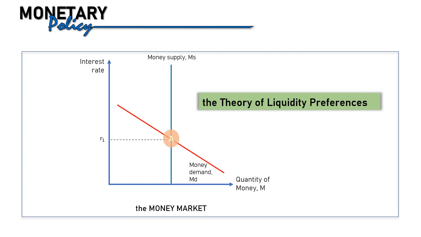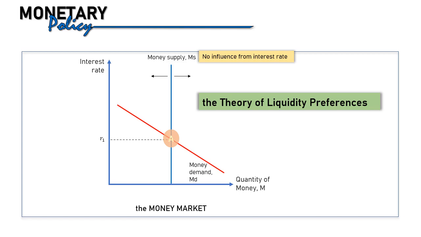With relatively stable expected inflation in the short run, nominal and real interest rate will move in tandem. The money supply curve is drawn as a vertical line since it is determined by the monetary authority, meaning no influence from interest rate. It will shift if the monetary authority changes the money supply with any monetary instruments it has.